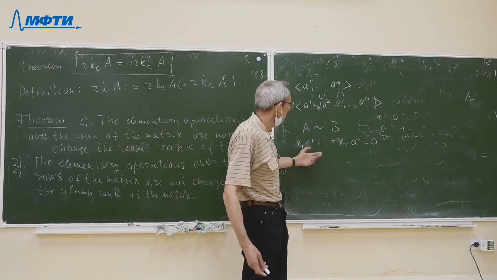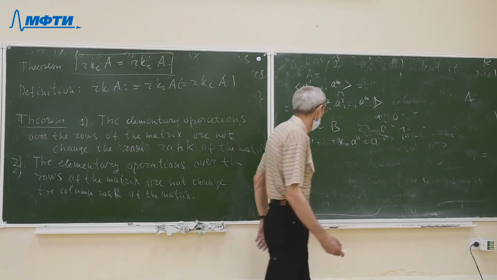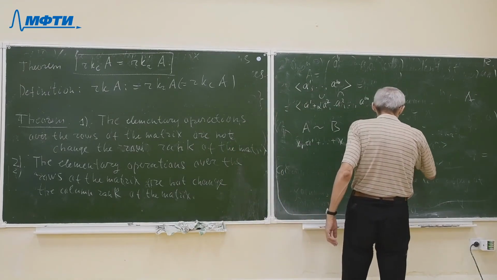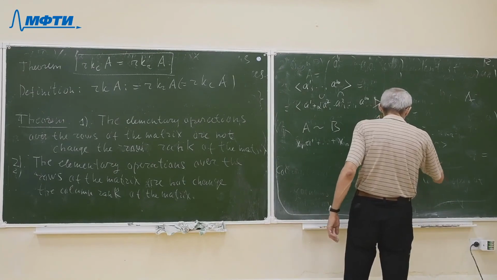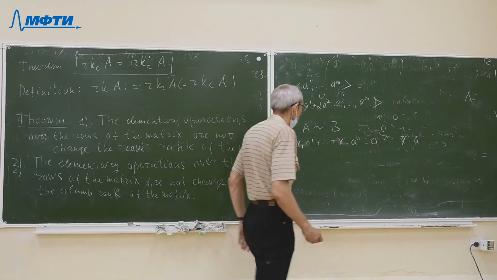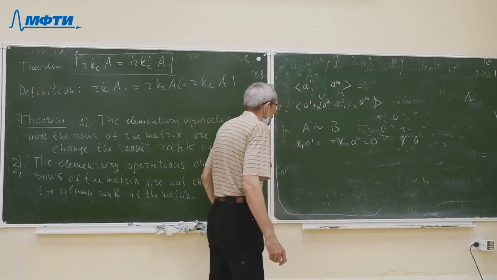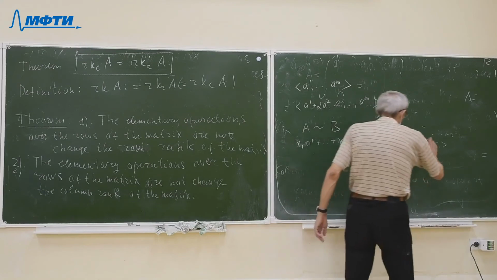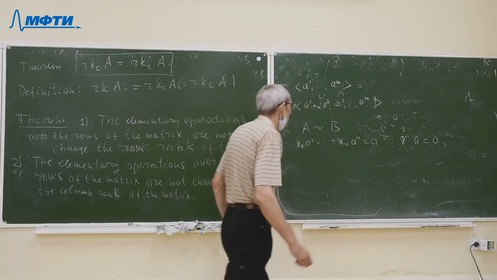And I can consider this equality as a scalar product of vector x and vector a. And this scalar product is equal to 0.